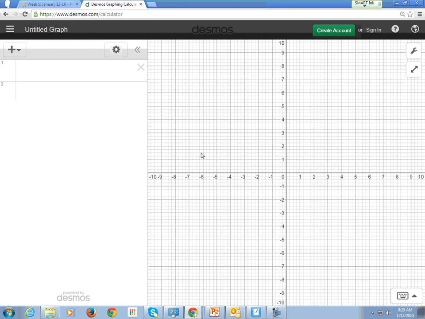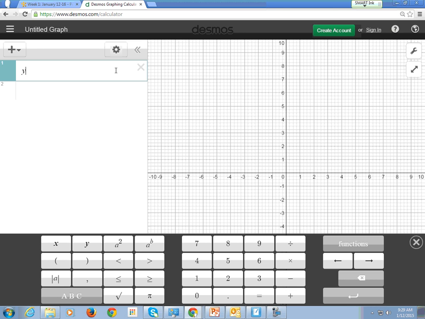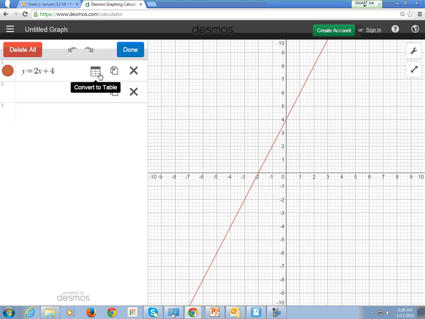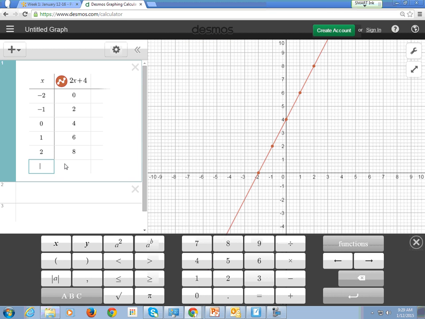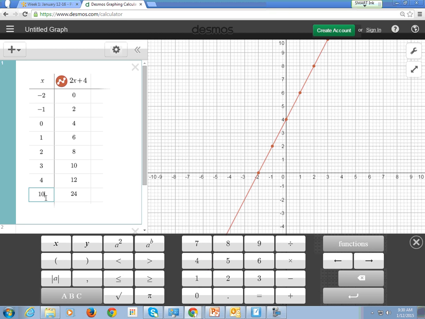Okay. So if I have a nice little equation, here's my line, it's lovely. If I want to make it into a table, it converts to a table of values. And if you need more numbers, you can type in more numbers and it'll calculate it for you.